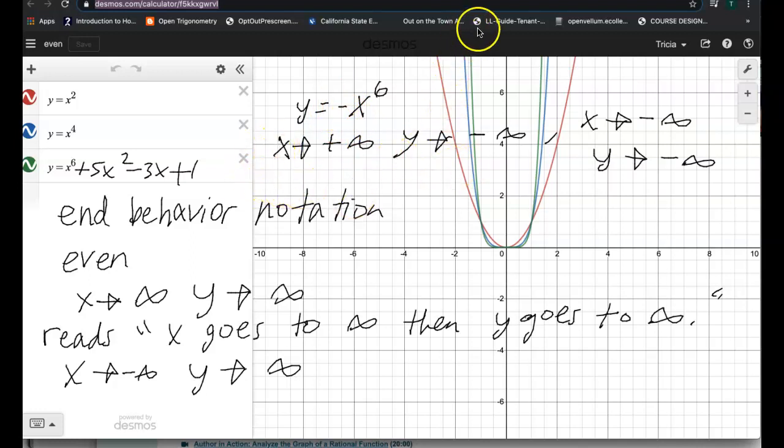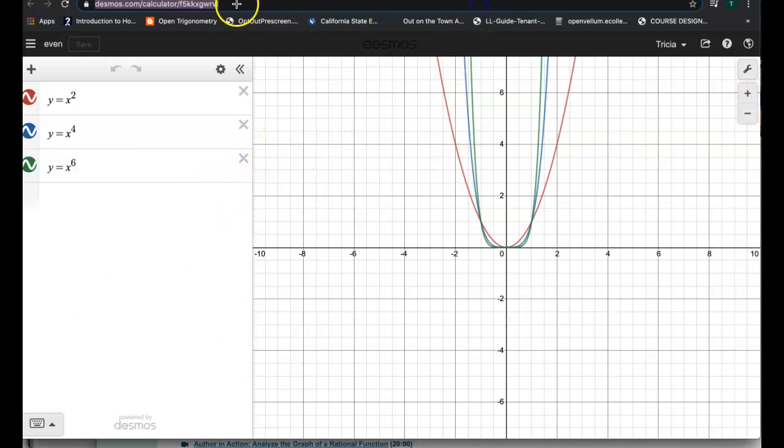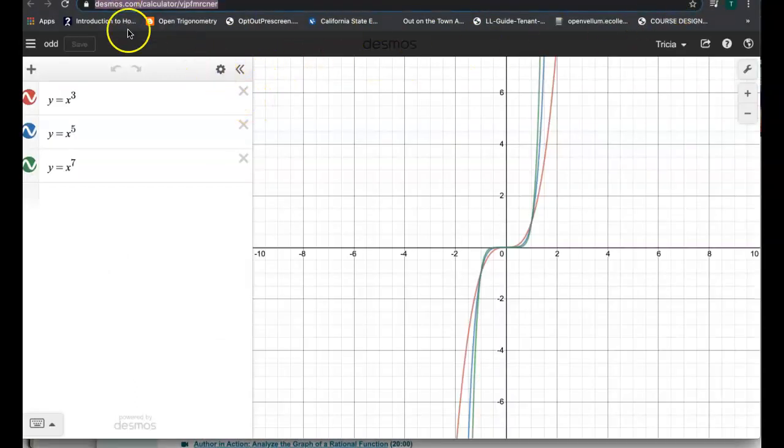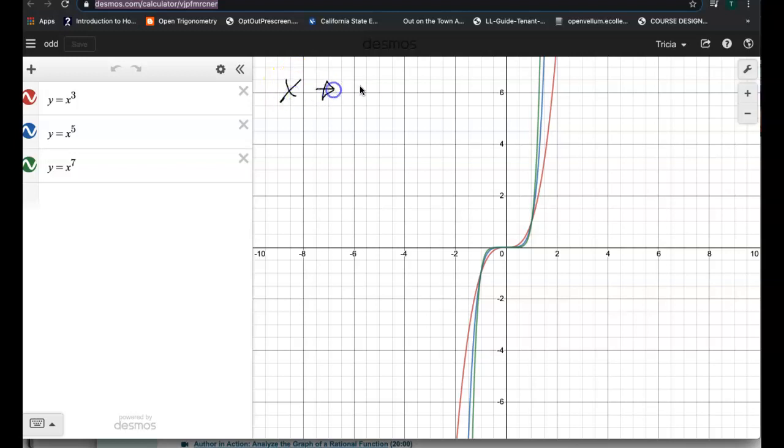Alright, so let's look at the odd function. So here's our odd function, and when we look at its end behavior, we can see that as x goes to infinity, y goes to positive infinity, and as x goes to negative infinity, y goes to negative infinity.